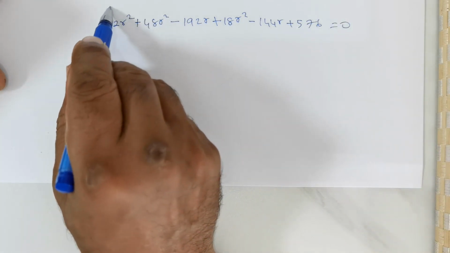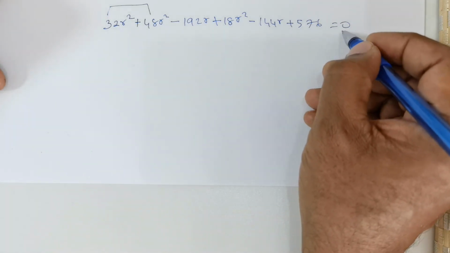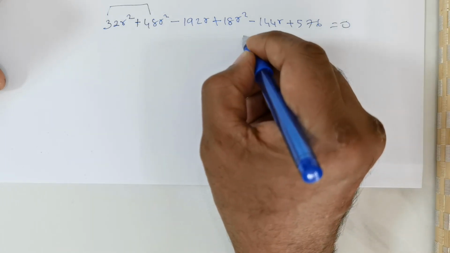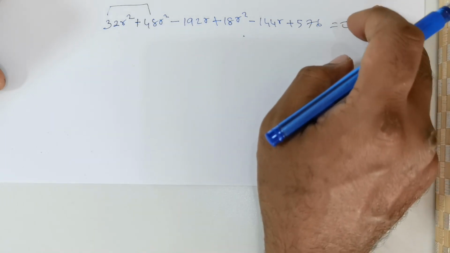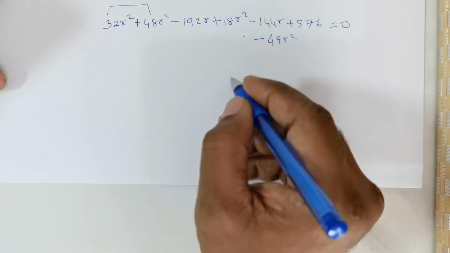Now we add this with this, and of course you need to bring this 49r squared that is existing on the right hand side, so that's going to be negative 49r squared.